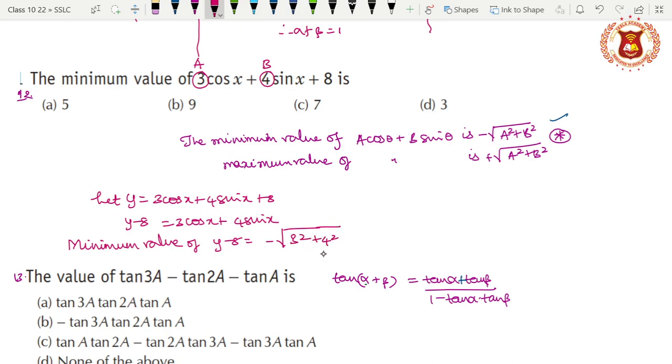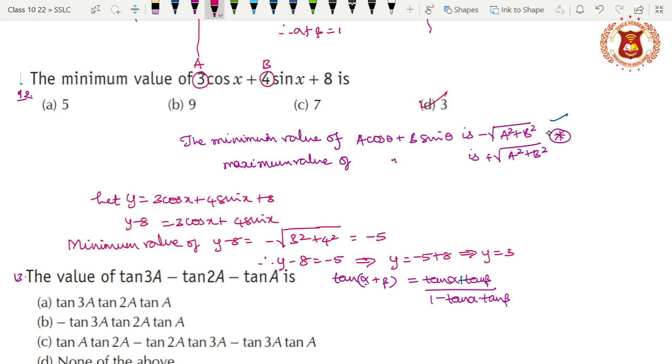Root of 3 square plus 4 square is 5, because it's a Pythagorean triplet, everyone knows it. Therefore, y minus 8 is equal to minus 5, which implies y is equal to minus 5 plus 8, so y is equal to 3. Therefore, the minimum value is 3 here.